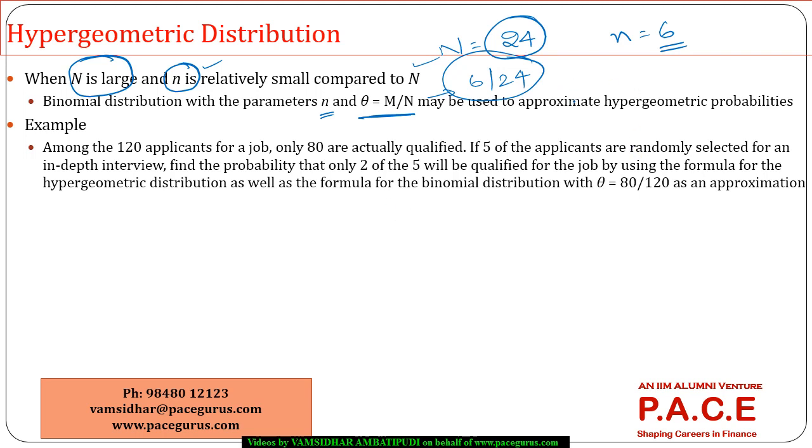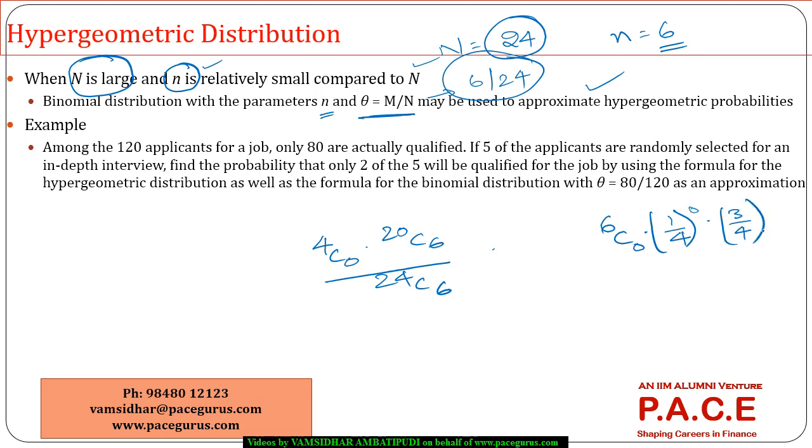If I look at the same example which we had earlier, in the earlier case, we got the result as 4C0 into 20C6 divided by 24C6 if I am going with a hypergeometric. But in case of binomial, out of 6 getting 0 successes, so 6C0, theta, which is 1 by 4 to the power 0 into 3 by 4 to the power 6.